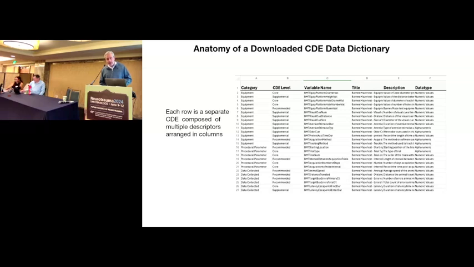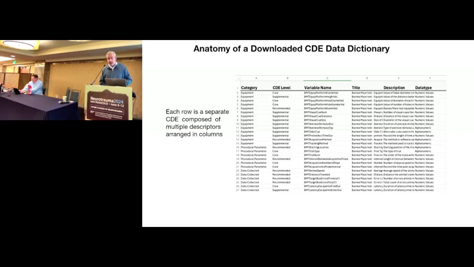There are a few ways that they're organized. First of all, they're organized into different categories. Because we're looking at Barnes Maze here, some are equipment metadata, which tell you a little bit more about what the equipment is like. There are the procedural parameters, and there's the actual data that's collected. They're also organized by CDE level, right? As Neil and Michelle mentioned, there are ones that are core, some that are supplemental, and some that are recommended.